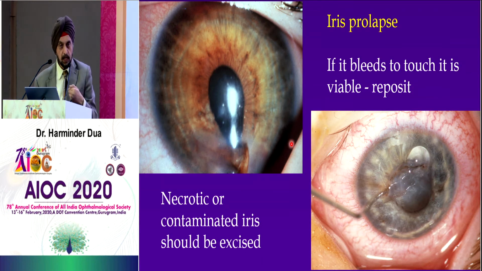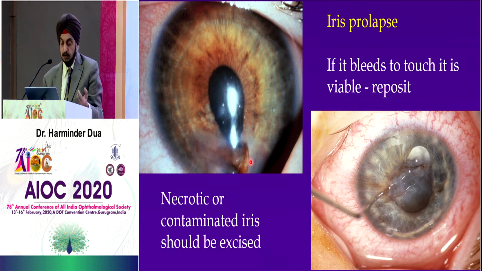But what I will tell you to do is clean it, and if it is not a contaminated wound, if it was a sharp metal injury and the patient comes to you within a day or even 48 hours, I would be looking at, more importantly, the viability of that rather than the risk of infection. So if you touch it and it's bleeding, that means it's still viable. You can push it back in the eye. If it is not bleeding and it's necrotic, then there's no point putting it back, because it's only going to cause inflammation.